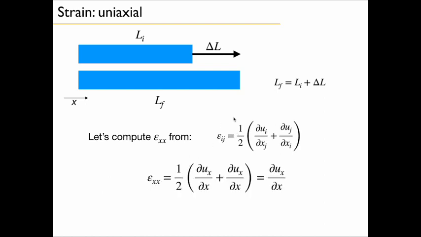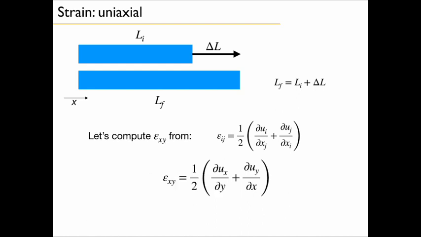So epsilon ij will become epsilon xx, and this will be 1/2 of dui, with i equal to x, dxj, with j equal to x, and the same applies to the other side. So it becomes dux dx plus dux dx. That's 1/2 of 2 dux dx. So it makes simply dux dx.